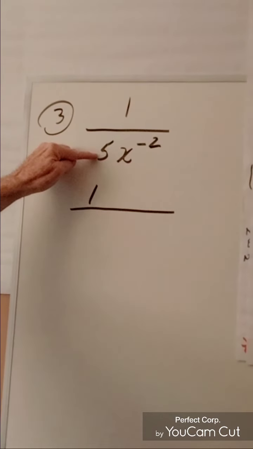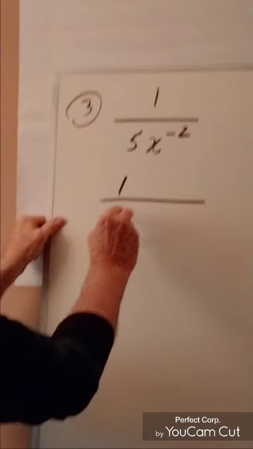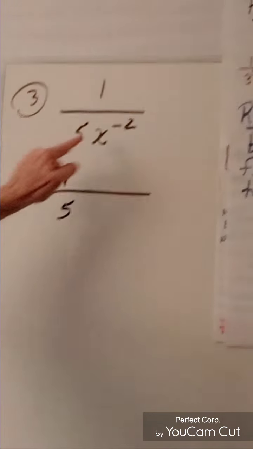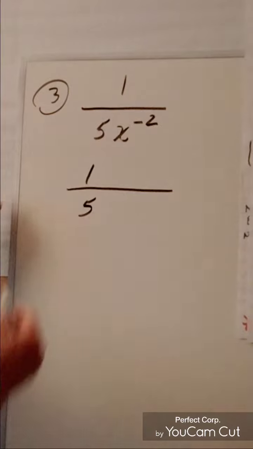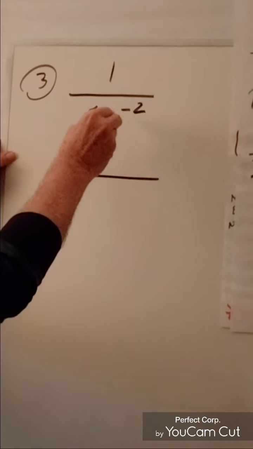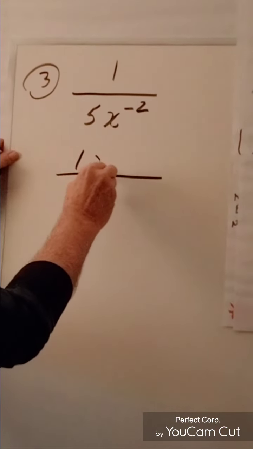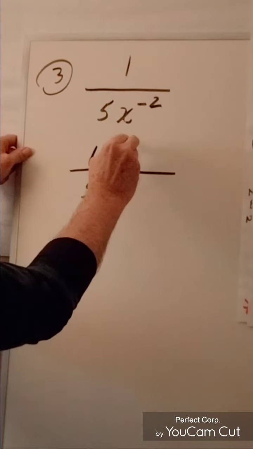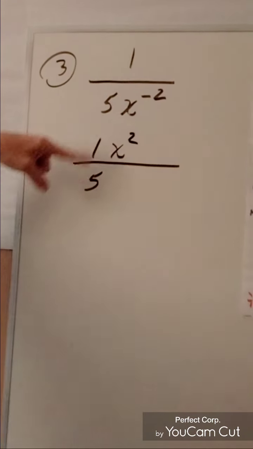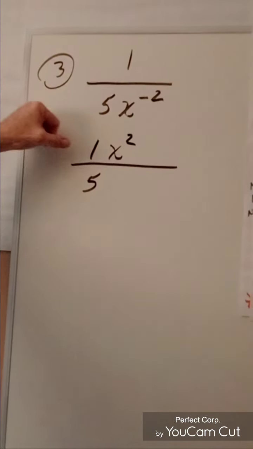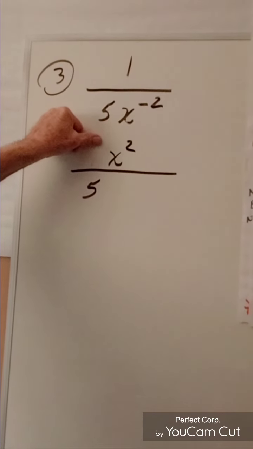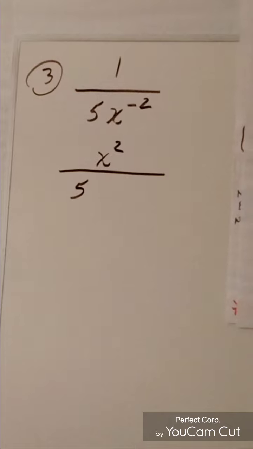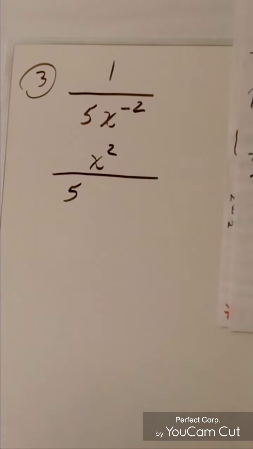The 5 stays down. X to the -2nd doesn't have to go up. Switch that base to the other side. That gives us the authority to make it to the 2nd. You can leave the answer like that. You could also erase the 1. A textbook answer would erase the 1, and there would be that answer. That's 3.